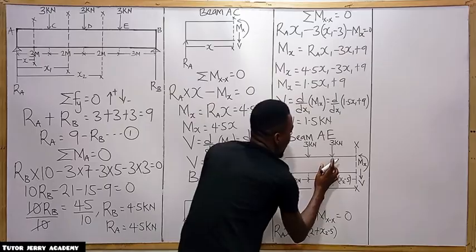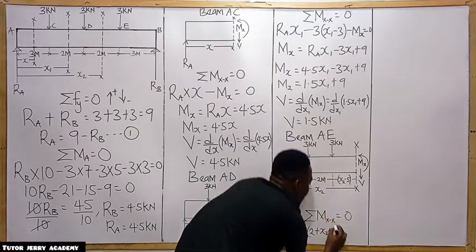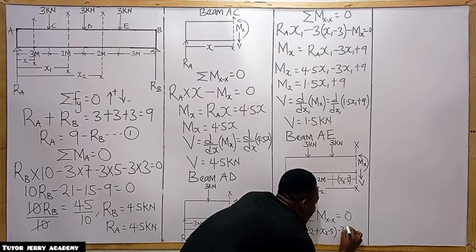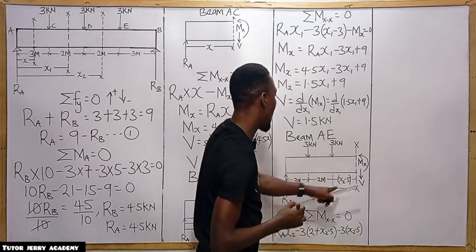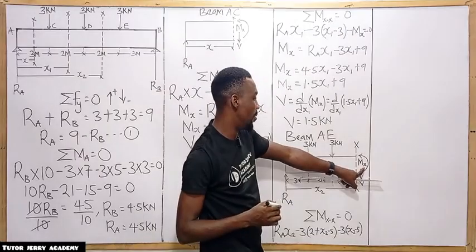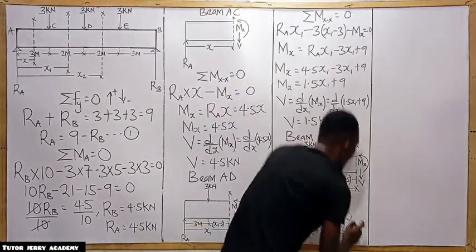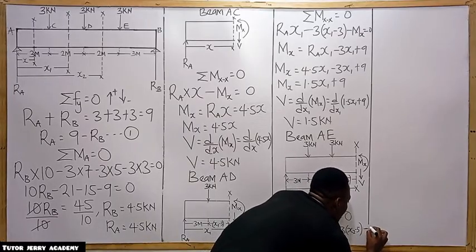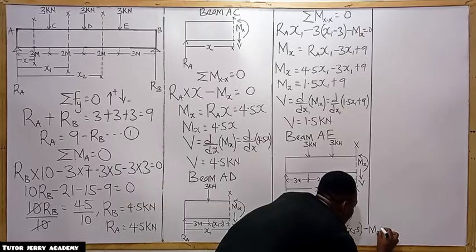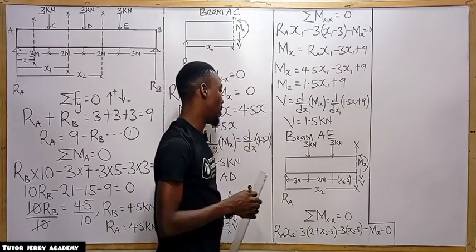Then the next one is minus 3 multiplied by S2 minus 5. Then last but not least is the moment here, which is also going to be minus M subscript S. Everything will be equal to 0. So that's what we are going to have.